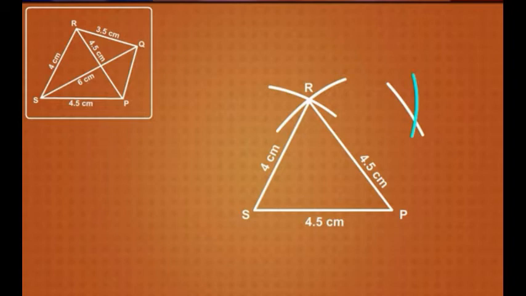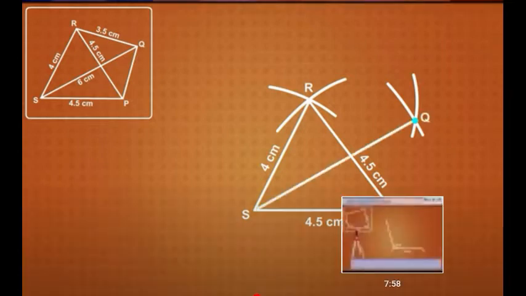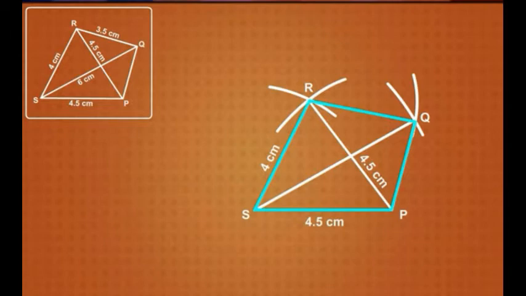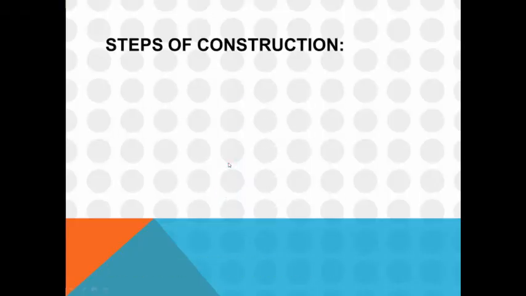So in this way we have first constructed the triangle, then we have tried to locate the fourth point with reference to this triangle. Then we will join QR and PQ. So quadrilateral PQRS is the required quadrilateral.